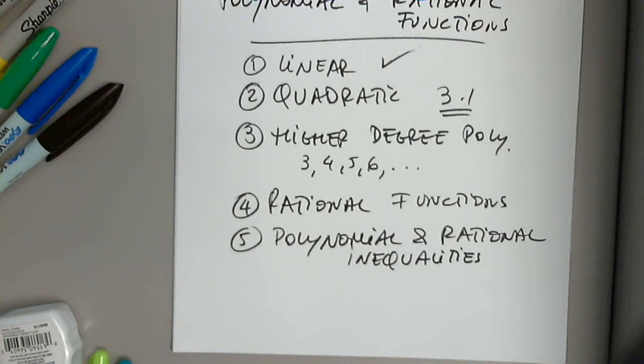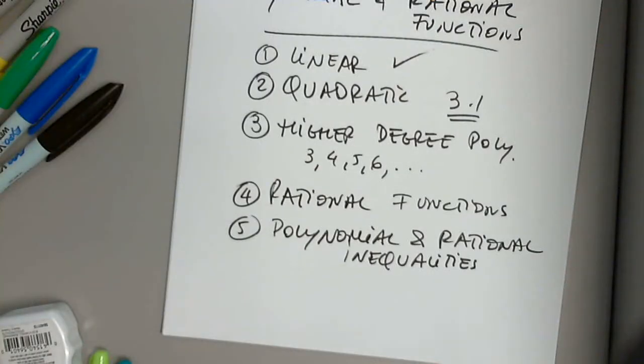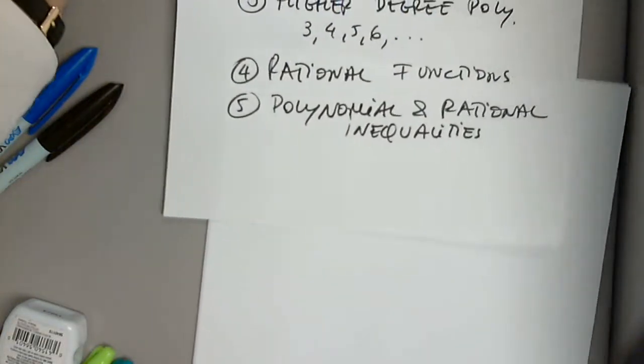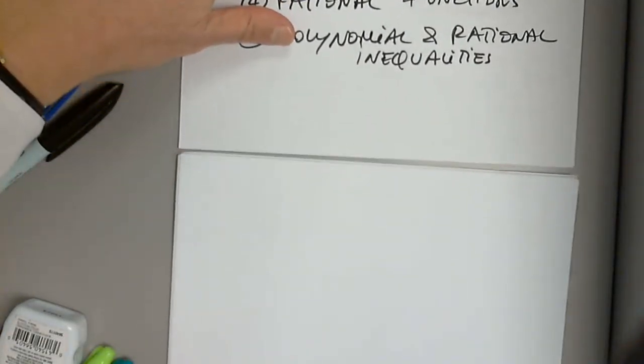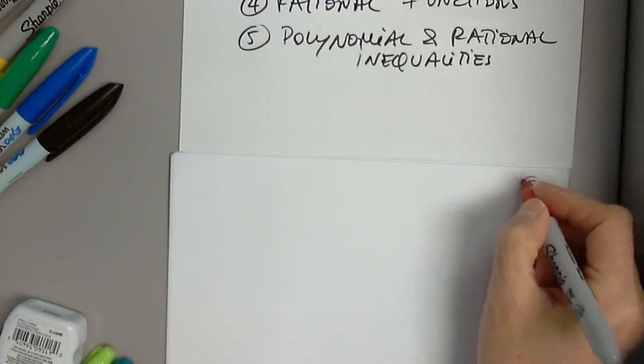And at the end of this, we're going to schedule test 2. So let's go back to quadratic. 3.1. We're going to graph, and we're going to look at some word problems, and then hopefully, if possible today, move on to 3.2, polynomial functions. Let's see if we can.